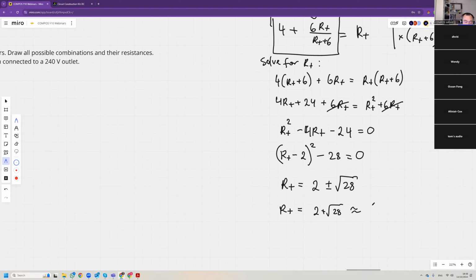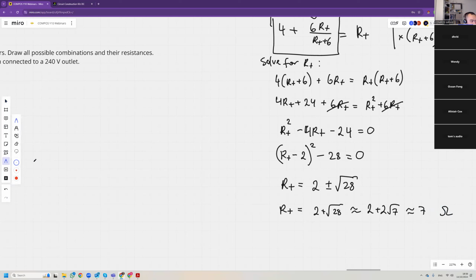which is approximately what? Well, root 28 is 2 root 7, so 2 plus 2 root 7. And root 7 is more than 2, less than 3, so it's about 2.5. So it's approximately 7 ohms. On my calculator, 2 plus 2 root 7 is 7.3. 7.3 ohms.